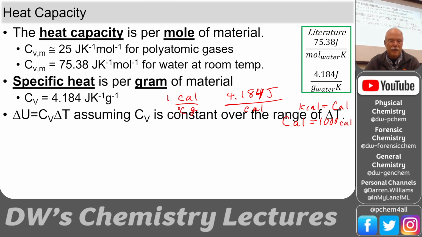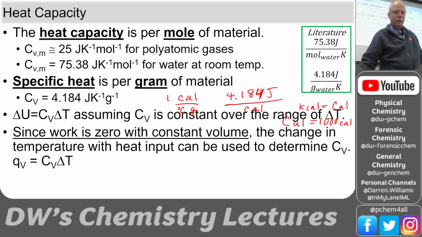Okay. So whenever we determine the internal energy from a change in temperature, we're using this heat capacity at constant volume. We've already done a few of those calculations. And we assume that the CV is constant over a range of delta T. We're going to look at that some today. Okay. And then since work is 0 with constant volume, we're not expanding or contracting, then the change in temperature with heat input can be used to determine CV.